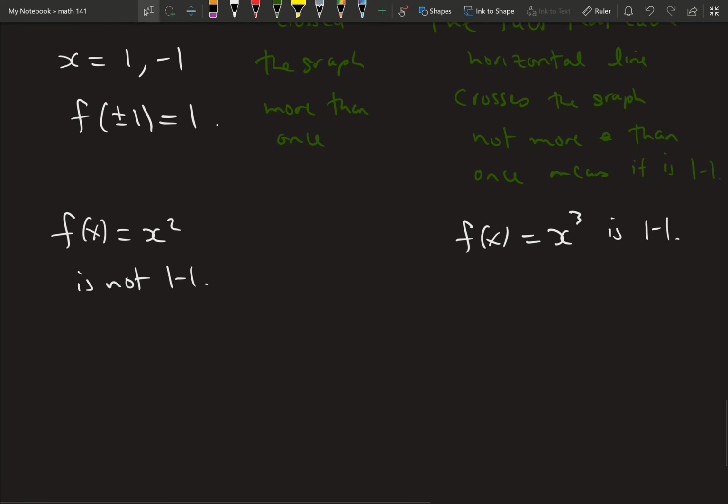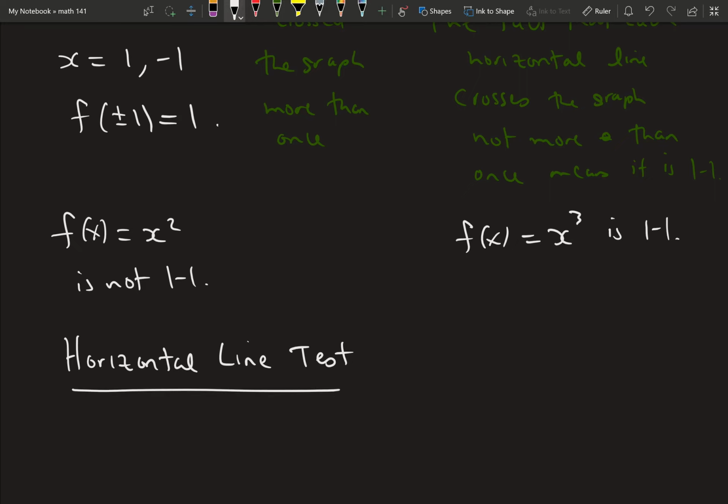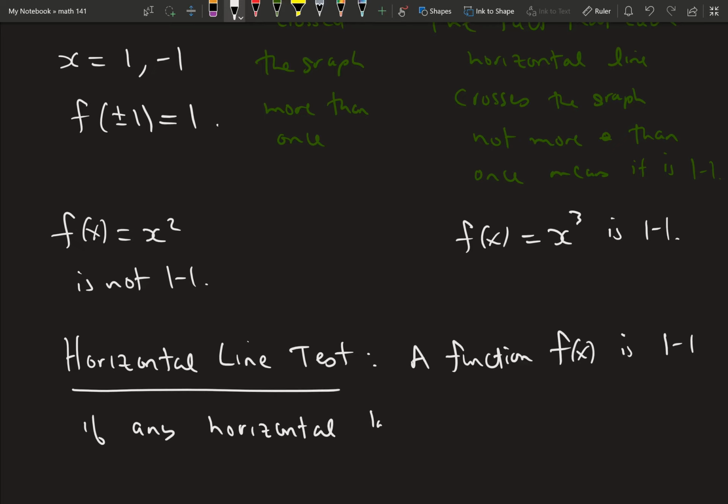And the way we determine that is by what we call the horizontal line test. What does the horizontal line test say? A function f of x is 1 to 1 if any horizontal line in the xy plane crosses the graph at most once.